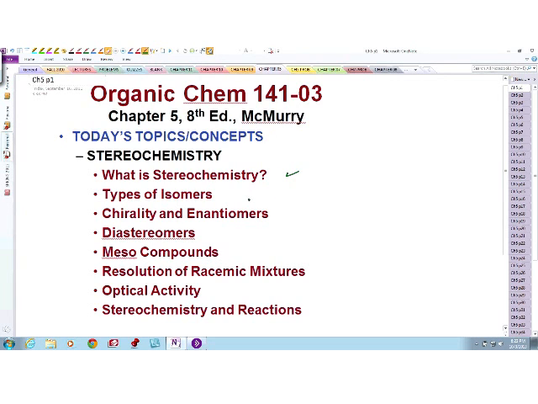Then we gave you examples of different types of isomers. Then we discussed chirality and enantiomers. We also discussed configurational stereomers. And finally, we discussed meso molecules.